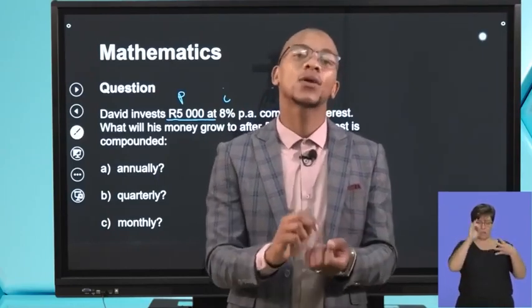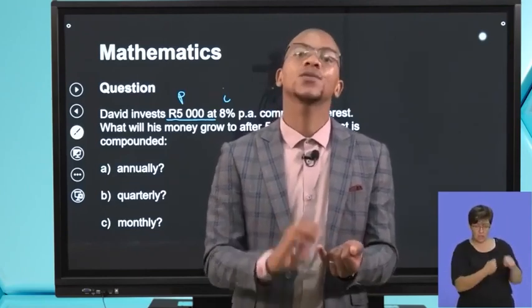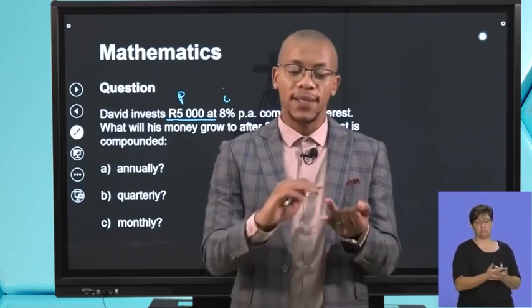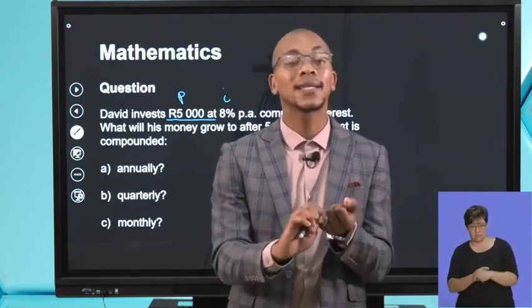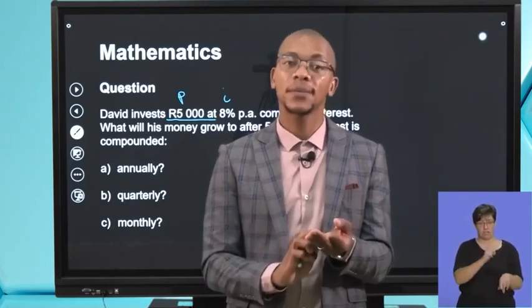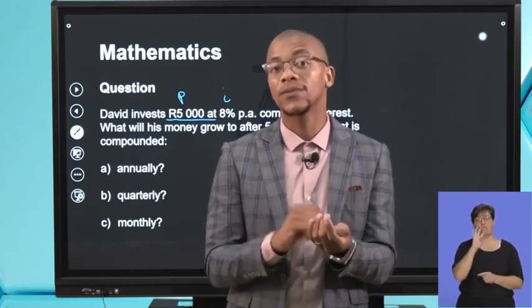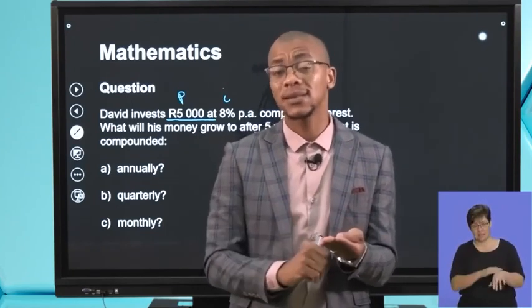If it's compounded quarterly and it's for 5 years, in each year David will get the interest 4 times, the second year 4 times, so far he has got the interest 8 times. The third year it will be 4 times again, which means that's 12 times. The fourth year it will be 4 times again, and that means it's 16 times.